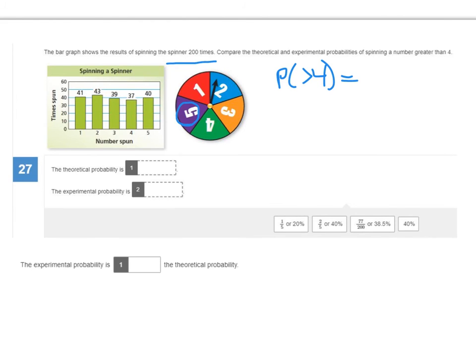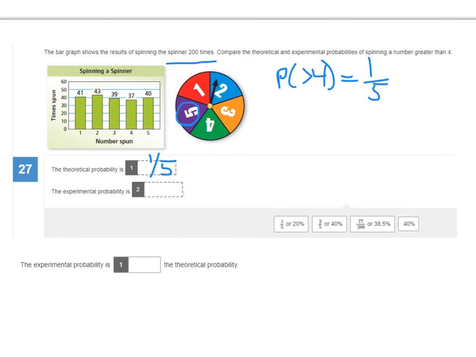So out of the 5 possible outcomes, 1, 2, 3, 4, 5, you only have one chance of spinning greater than a 4. So the theoretical probability would be 1/5. Now it's asking you for the experimental probability, which means I'm looking again for the probability that I'm going to spin a 5.